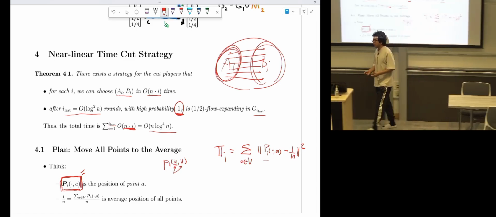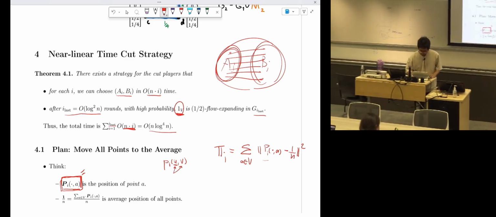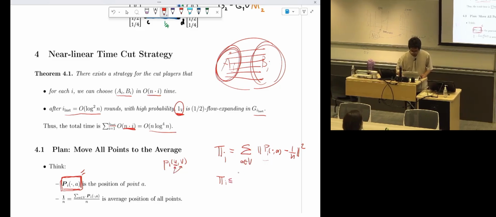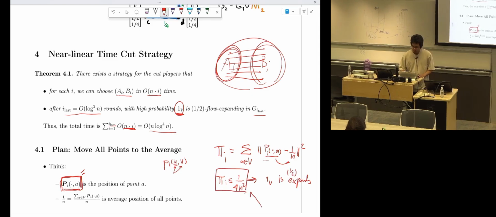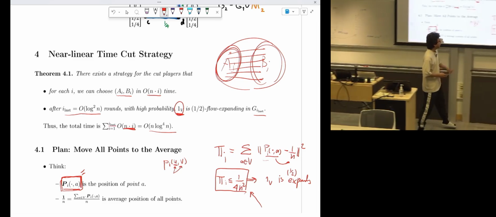We see that if this is tiny, like if this is 0, then it means you basically mix completely. We have also seen that if this is polynomially small, then this is 1/2 expanding.